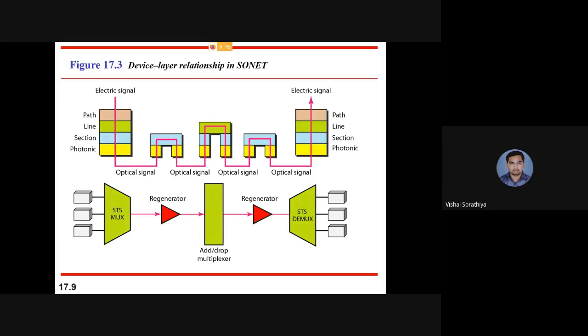We also discussed the different tasks of the regenerator, how it works, its basic functionality, and the importance of the add-drop multiplexer and why it is required. We gave examples, and we discussed the overall communication link created in a SONET type of architecture.